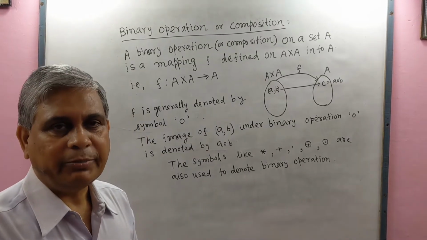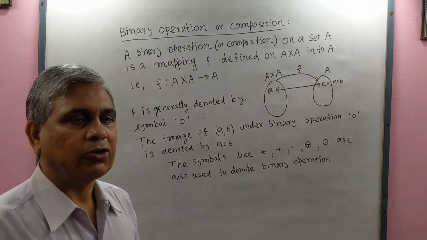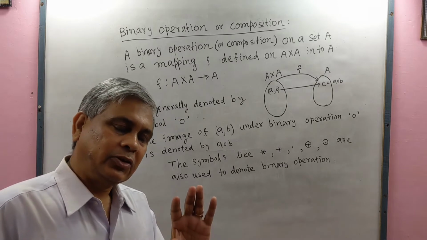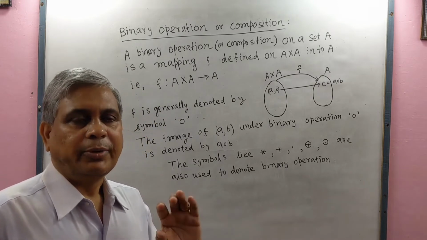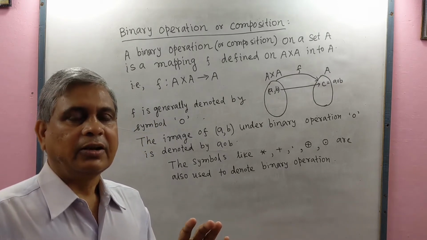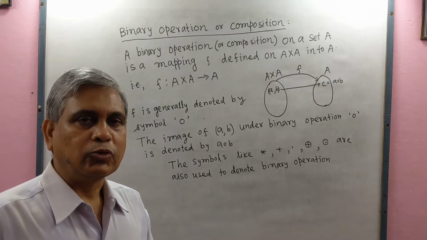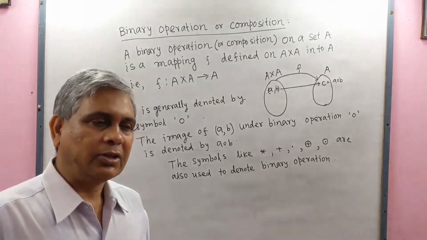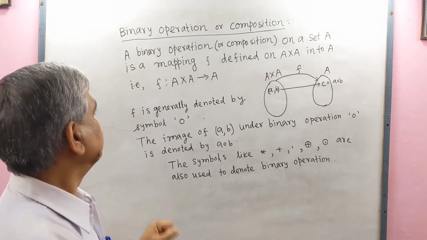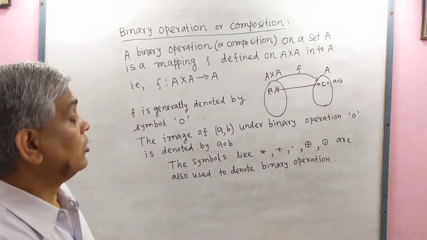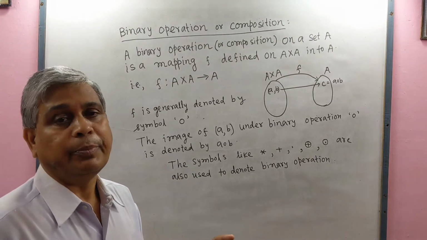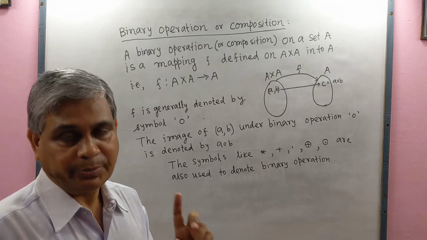Now we define binary operation or composition, as we use binary operation or composition in group, ring, field, etc. But we have to know the proper meaning of binary operation or composition.